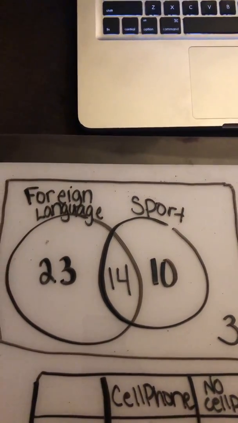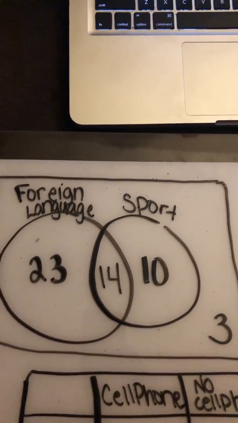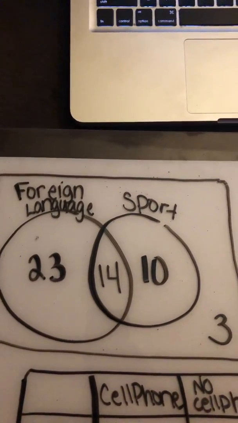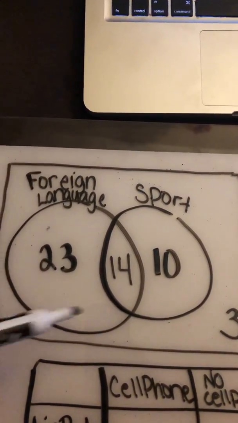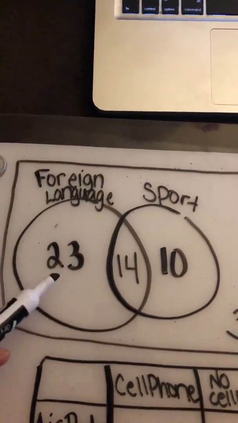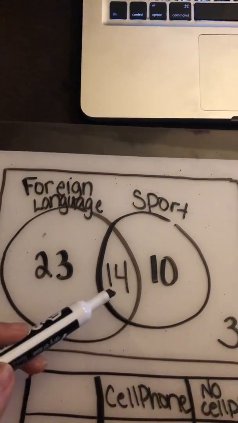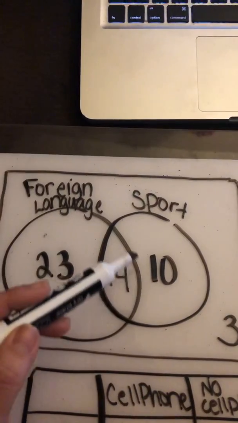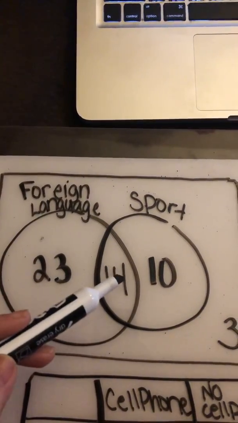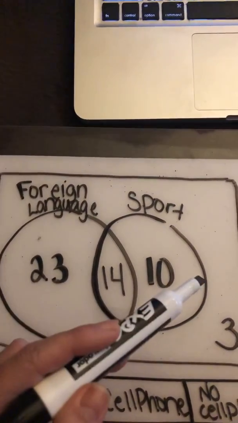It says, how many students are taking a foreign language? For foreign language, it's this circle here. We know that 23 students are taking a foreign language. The middle of a Venn diagram means that this data is part of both foreign language and sport.